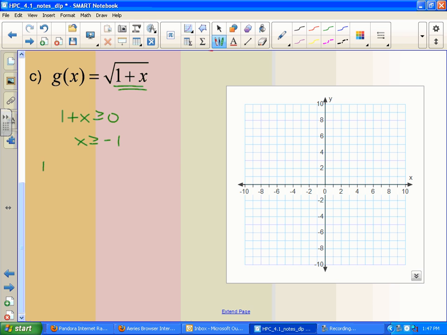So the domain is x such that x is greater than or equal to negative 1, and in interval notation, x from negative 1 to infinity. Yep.